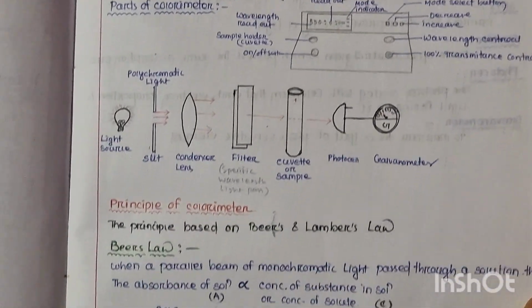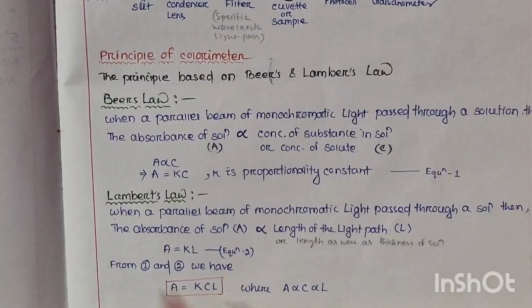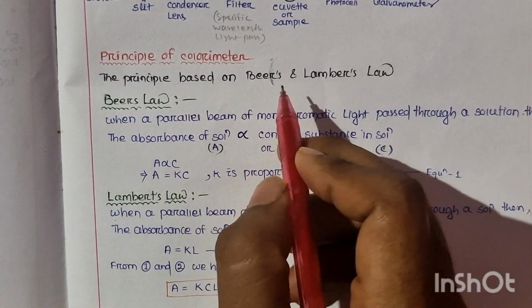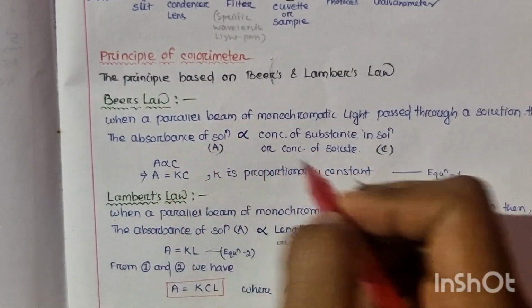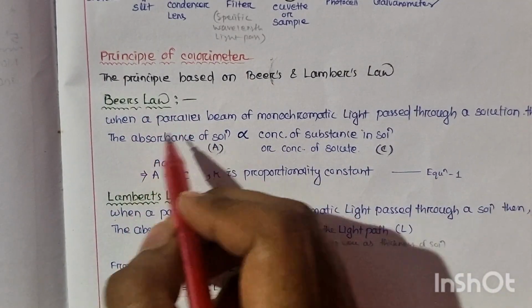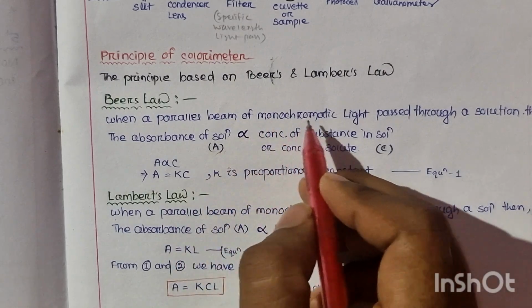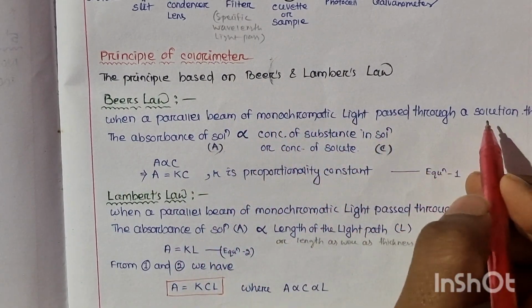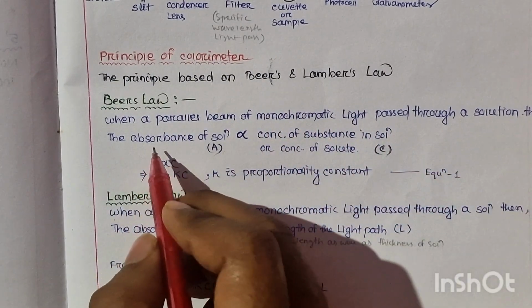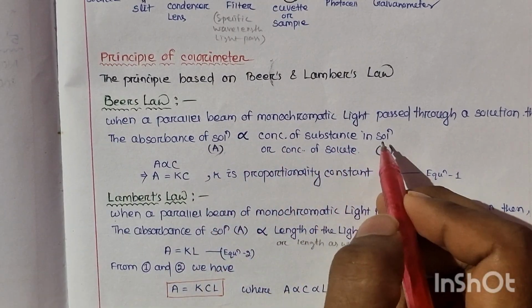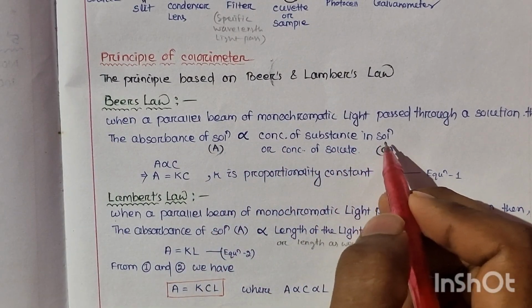Let's talk about the principle of the colorimeter. The principle of the colorimeter is based on Beer's law and Lambert's law. At first, we talk about Beer's law. When a parallel beam of monochromatic light passes through a solution, the absorbance of the solution is directly proportional to the concentration of the substance in the solution.